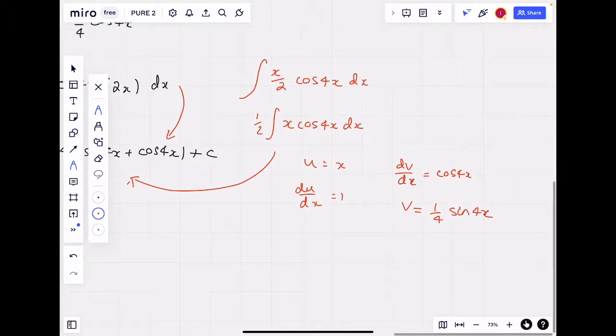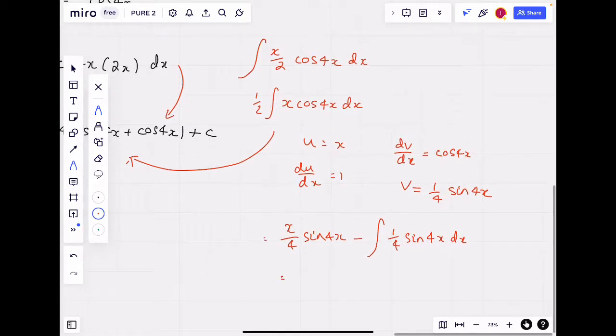Now, x over 4 sine 4x minus the integral of 1 over 4 sine 4x dx, and then x over 4 sine 4x plus 1 over 16 cos 4x plus c.